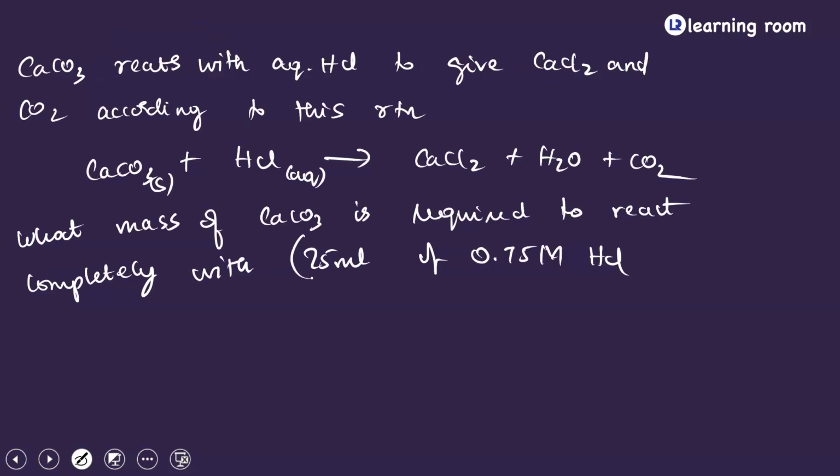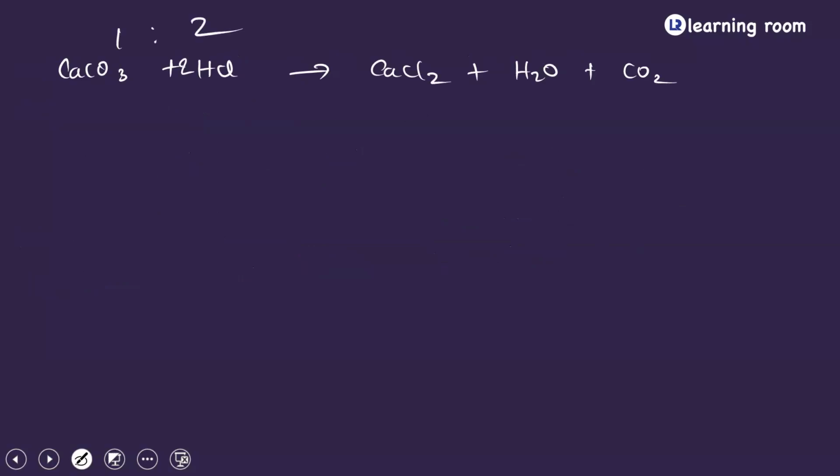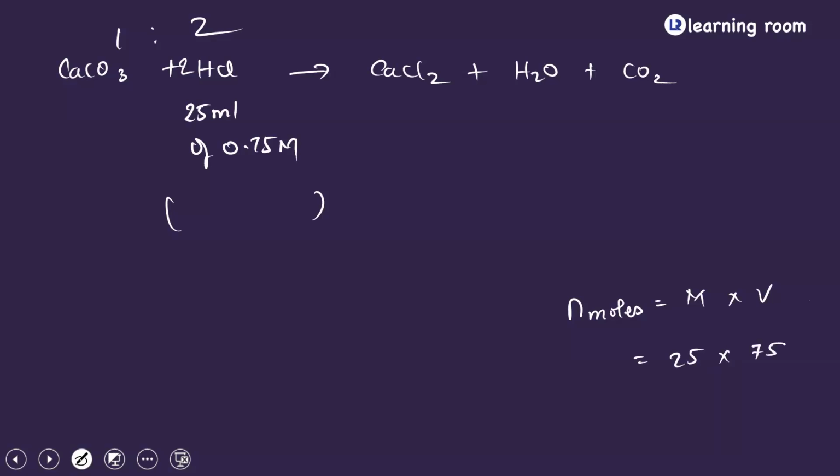Now go to the question. We have taken 25 ml of 0.75 M HCl. What can we do now, Balaji? M is equal to n by V, so the number of moles is equal to M into V. So 25 into 0.75, that is 75 by 100, correct?